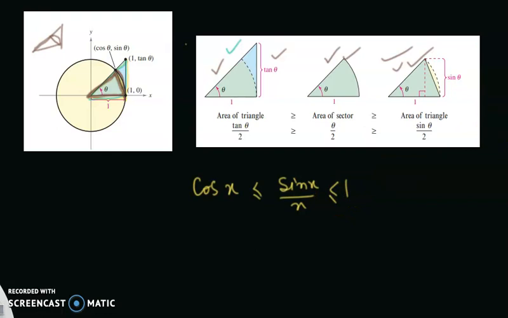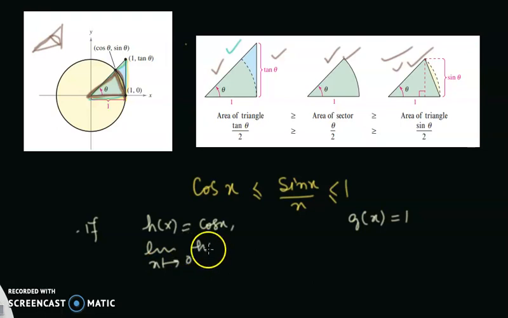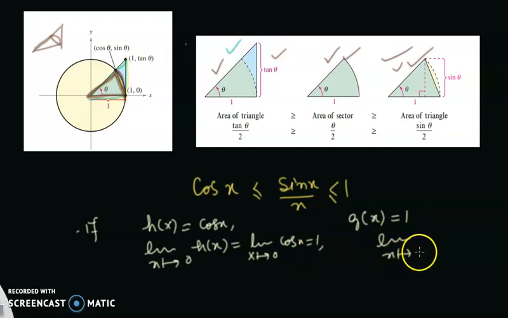Now if you define h of x equal to cos x and g of x equal to 1, then the limit as x goes to 0 of h of x, the limit of cos at 0, is going to be 1, and the limit of g at 0 is also 1, because it's a constant function.